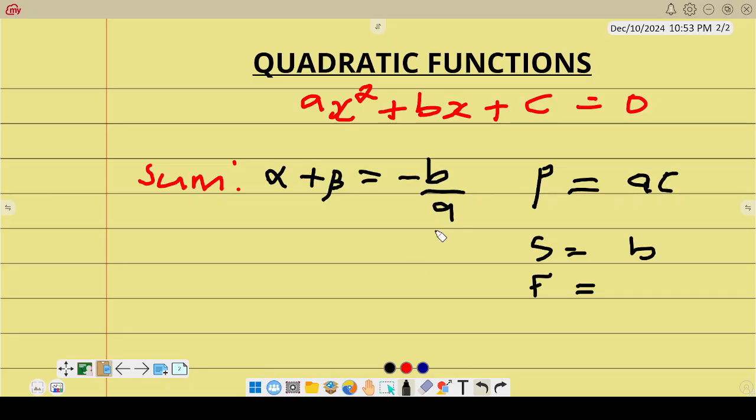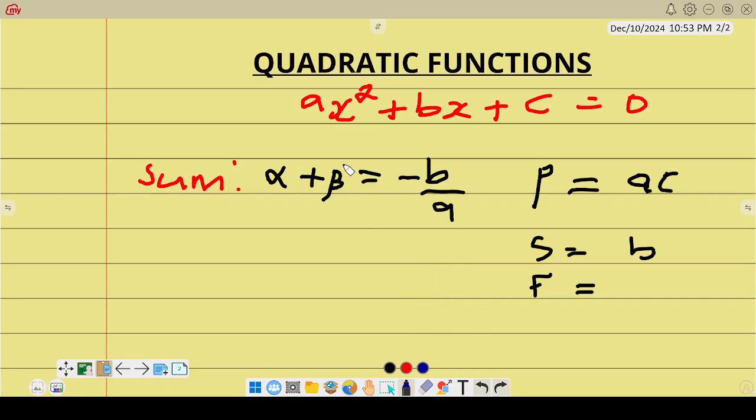I think I'm proud of myself for saying this. This should help you remember, because I remember myself, I used to make a lot of mistakes. Like alpha plus beta, is it c over a, or is it b over a?